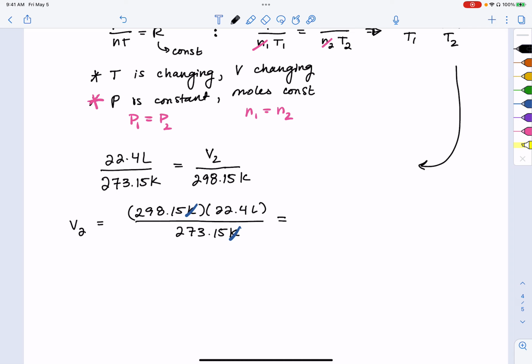Okay, this gives me a new volume of 24.5 liters. And is this larger than it originally was? Yes, it is. So V2 is 24.5 liters.